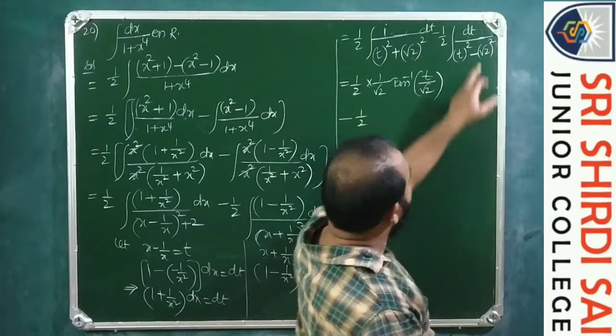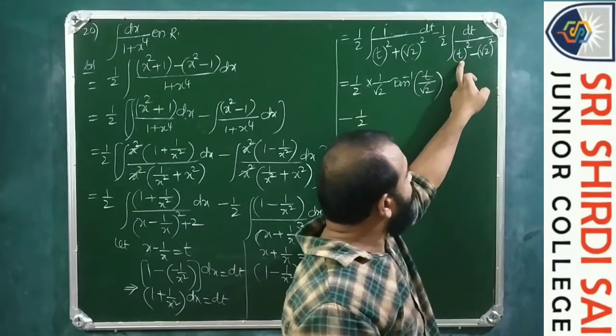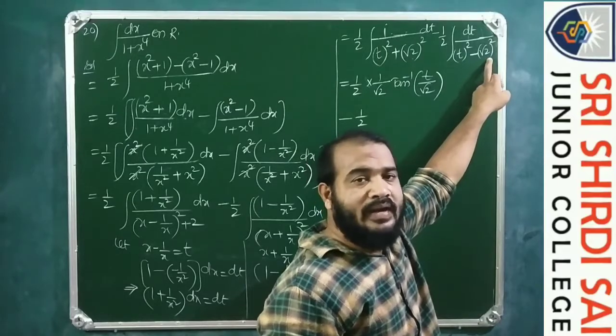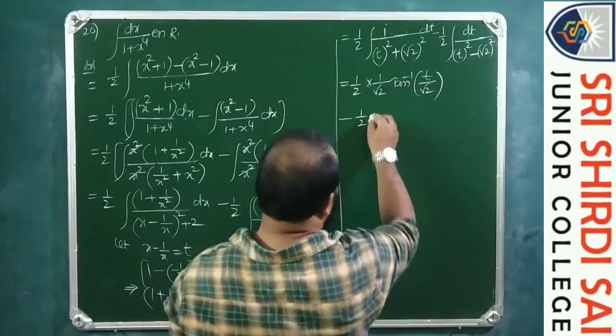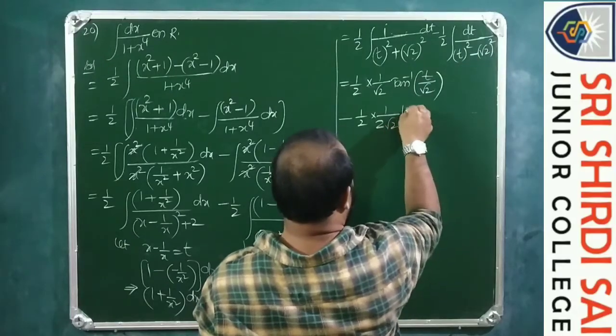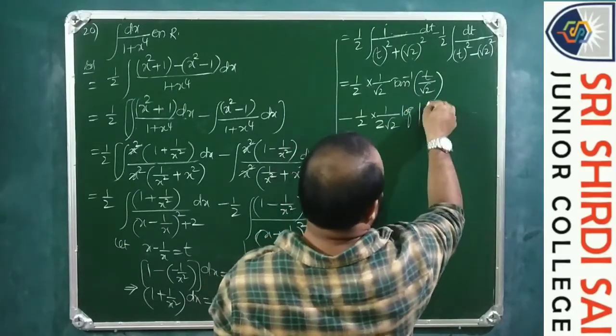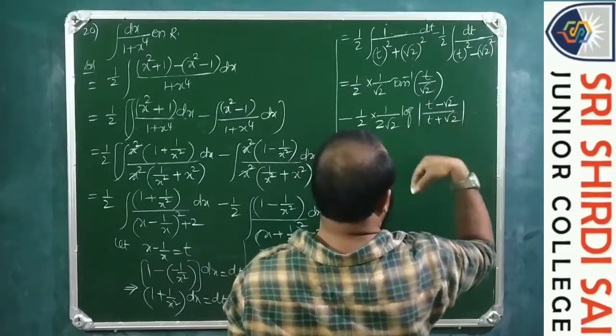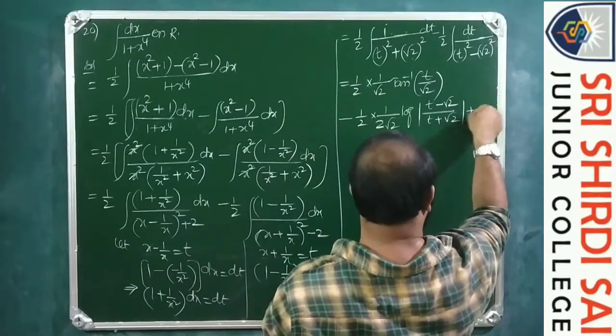This is of the form integral 1 by x square minus a square dx, 1 by 2a log mod x minus a by x plus a. 1 by 2a here is root 2, log t minus root 2 by t plus root 2, plus constant of integration c.